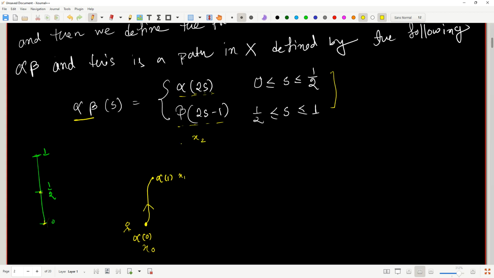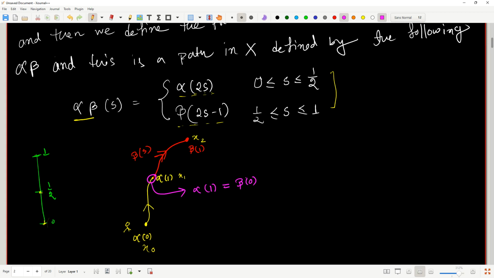And then at the midpoint you decide to change your car and use another car, let's say the beta car. So now from this point on you go to x2 using the beta car, and this is just beta of 1. And at this point over here, this is the point where alpha 1 is equal to beta of 0.